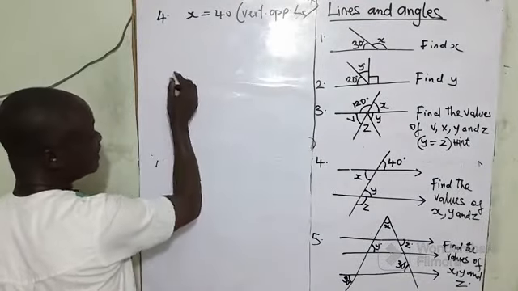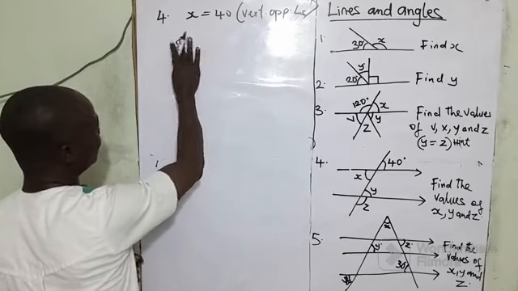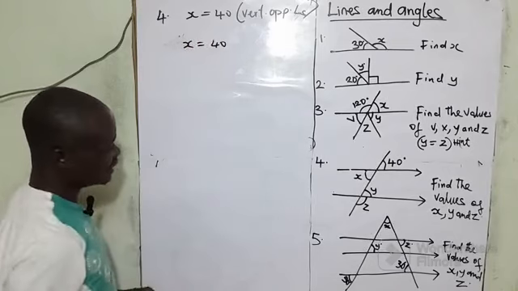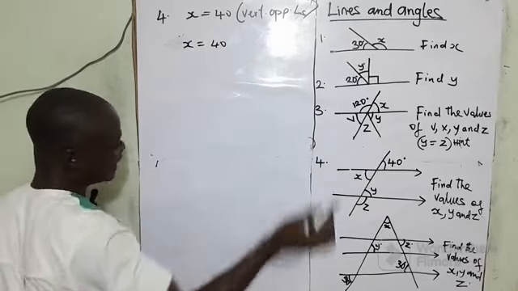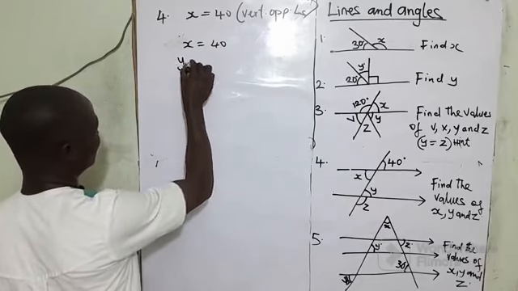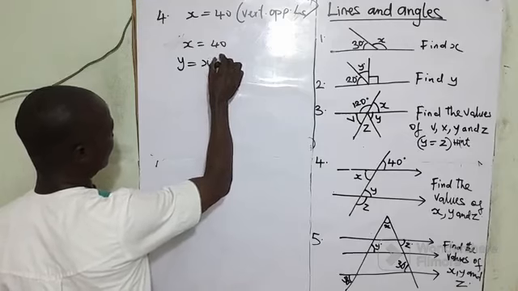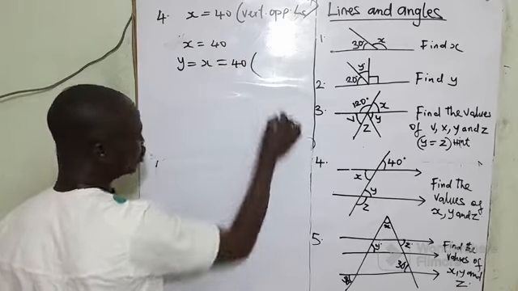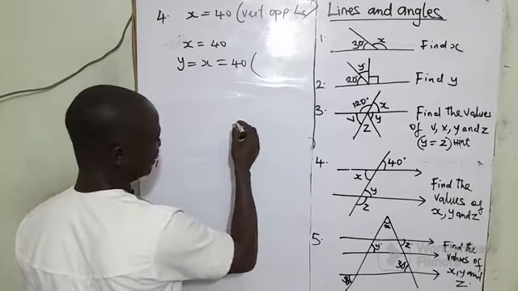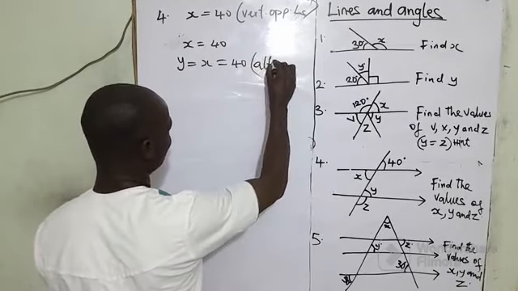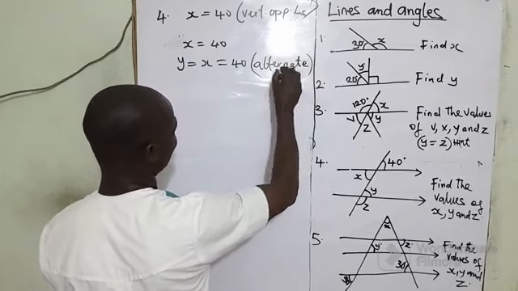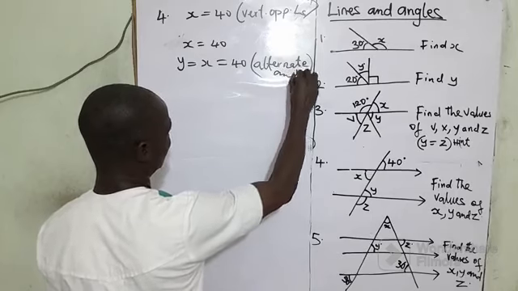Since x is equal to 40 degrees, we can now say that y is equal to x, which is equal to 40 degrees. The reason is that they are alternate angles. The 40 is also corresponding to y, and it is equally 40 degrees. So whichever method, they all apply.